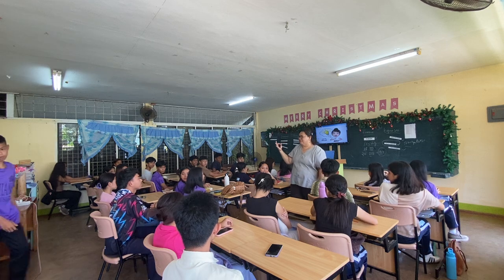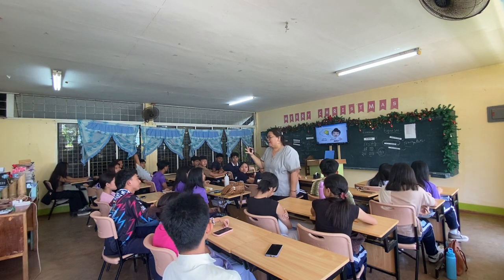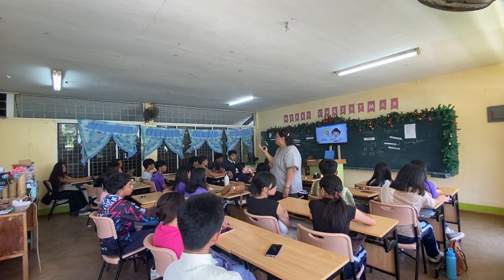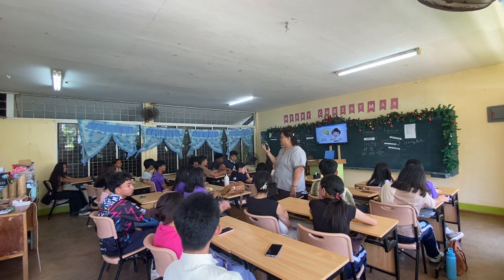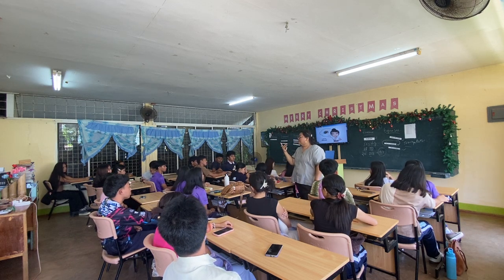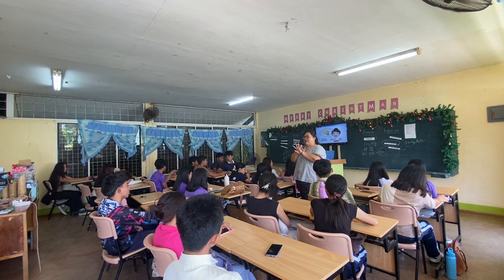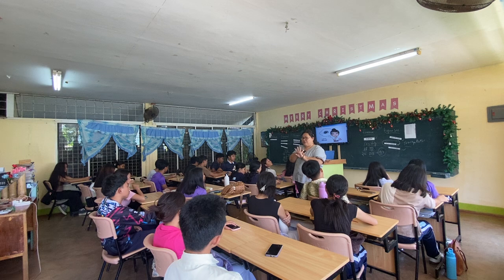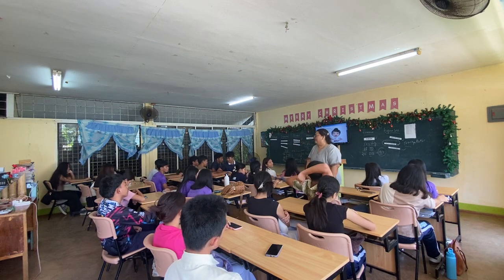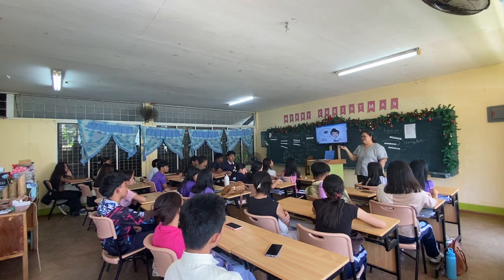Elements of statement of comprehensive income. Gain. I want to hear Valmaria. The last one. We have the loss. Okay. We have the four elements: the revenue, expense, gain, and loss. Very good. The statement of comprehensive income.